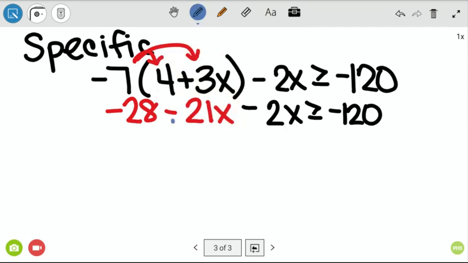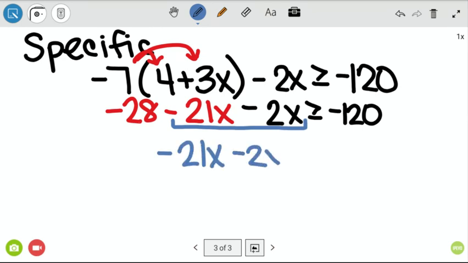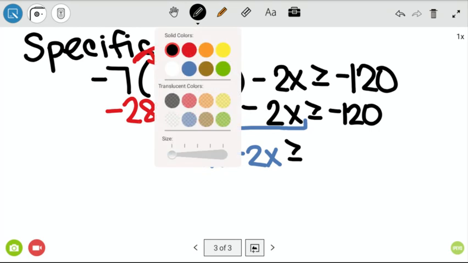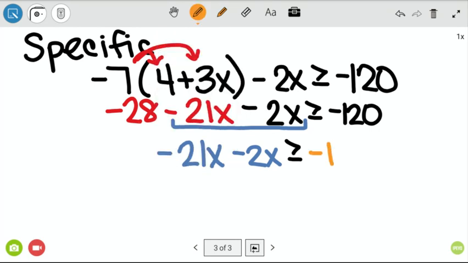So these two are already on the left, so we don't have to do anything there except bring those straight down. And then we have our greater than or equal to symbol. Now on the right-hand side, the -120 is already there. But to move that -28 over, we're going to change it to a positive. And then at this point, you can use a calculator if you need to.